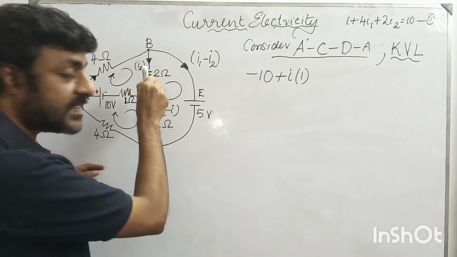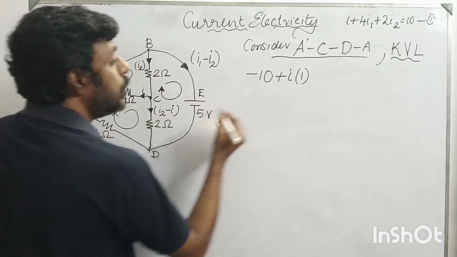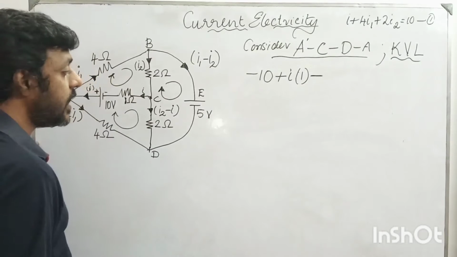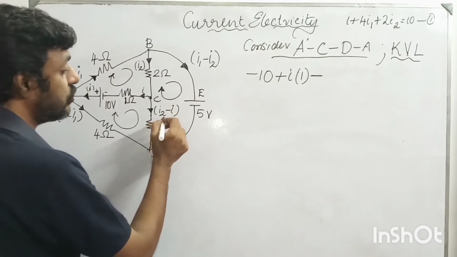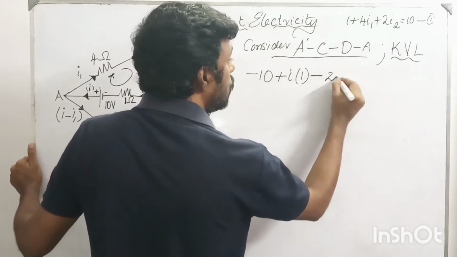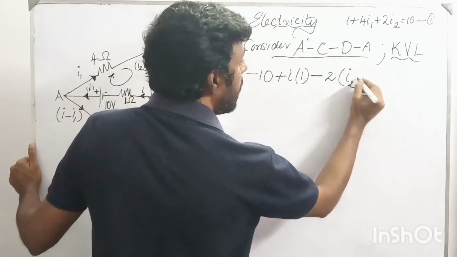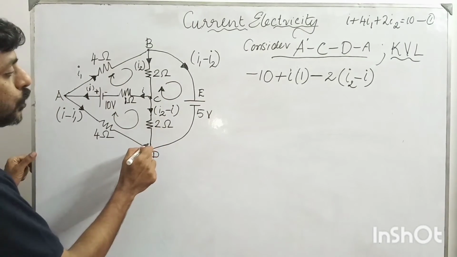So if it is moving in the same direction, I need to introduce a negative sign, and I multiply the value of the current with this resistance. So it will be minus 2 into (I2 minus I).